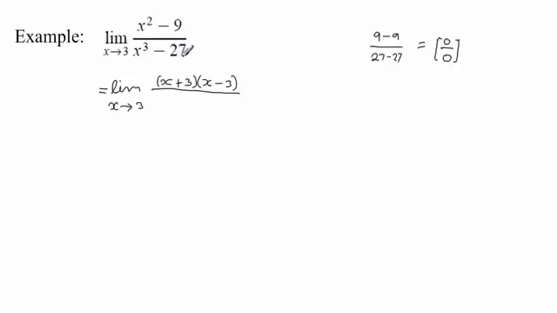But if you've got a problem, you have got to revise your techniques of factorizing such expressions. In this case it turns out that the factors for this expression, x cubed minus 27, are going to be x minus 3 multiplied by x squared plus 3x plus 9.